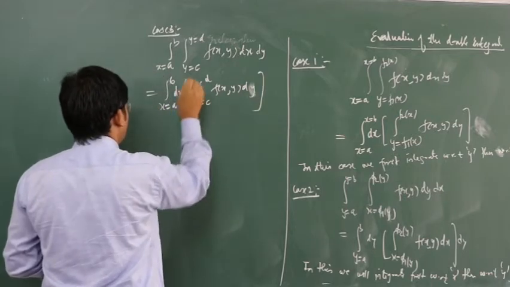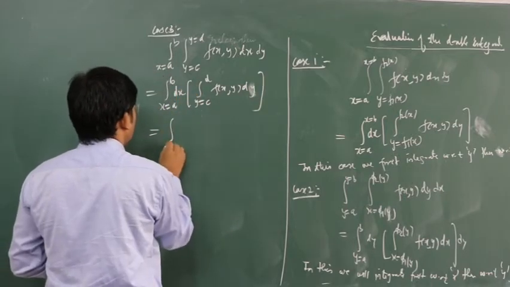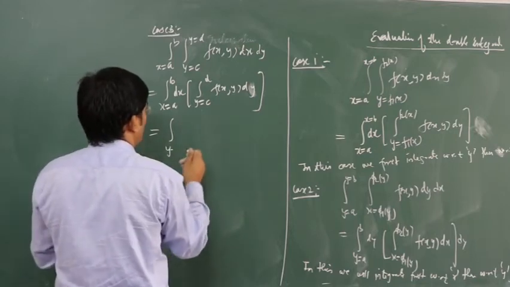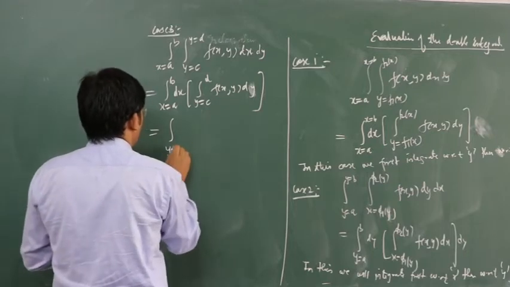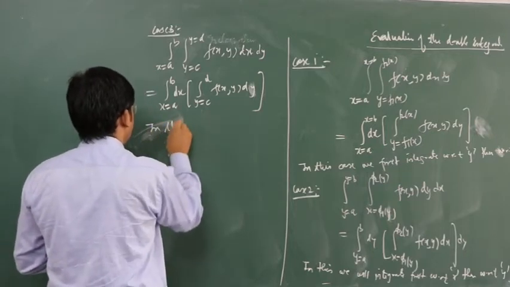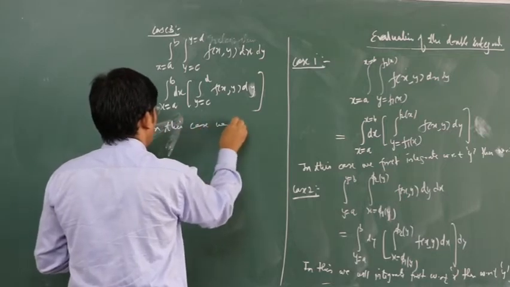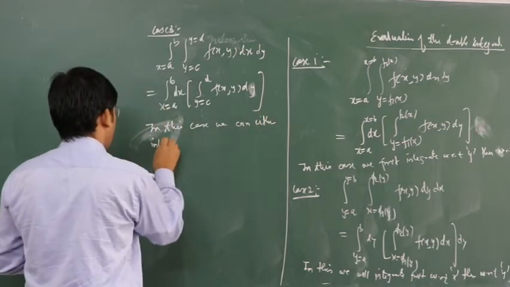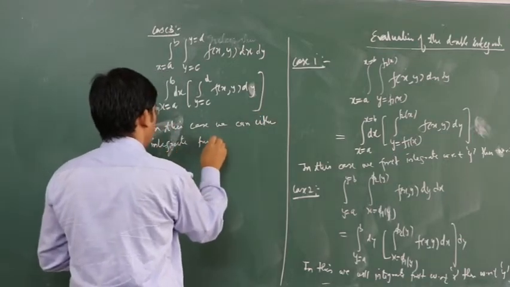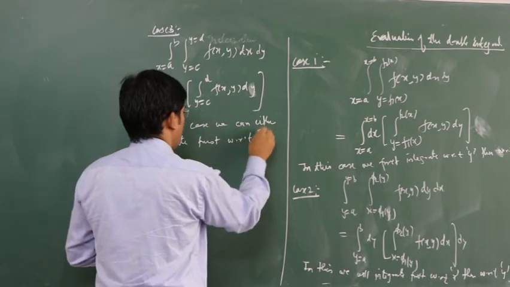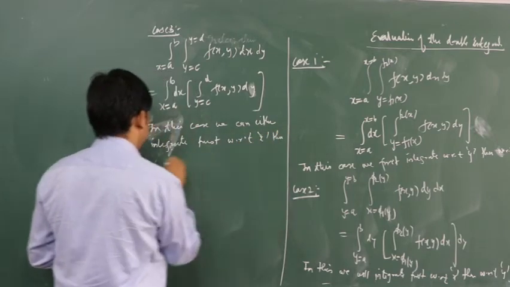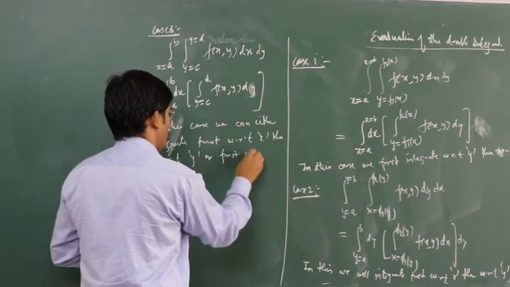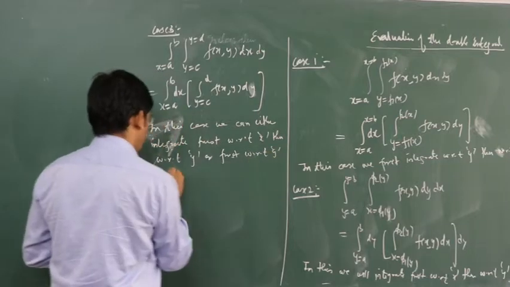You can write it like this, and you can also integrate first with respect to x, then with respect to y. So in this case we can either integrate first with respect to x, then with respect to y, or first with respect to y, then with respect to x.